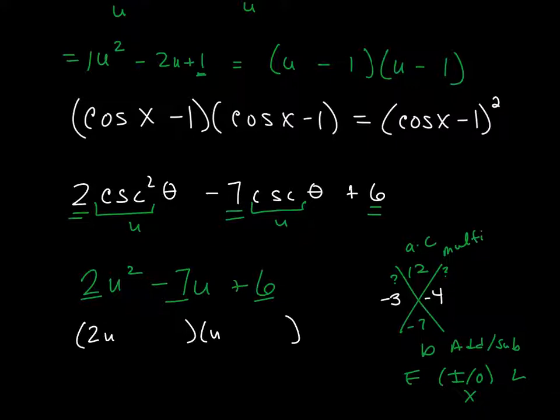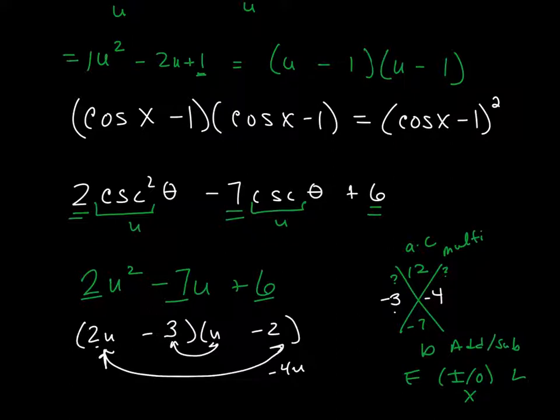Now this is where that factor x comes in. That negative 3 and that negative 4, they need to combine to be that inside and outside piece. So I ask myself, 2u times what will either equal negative 3, that's not possible, or negative 4. Well, if I multiply that by a negative 2, that will give me my negative 4u for the outside term. The inside then would be left with a negative 3.